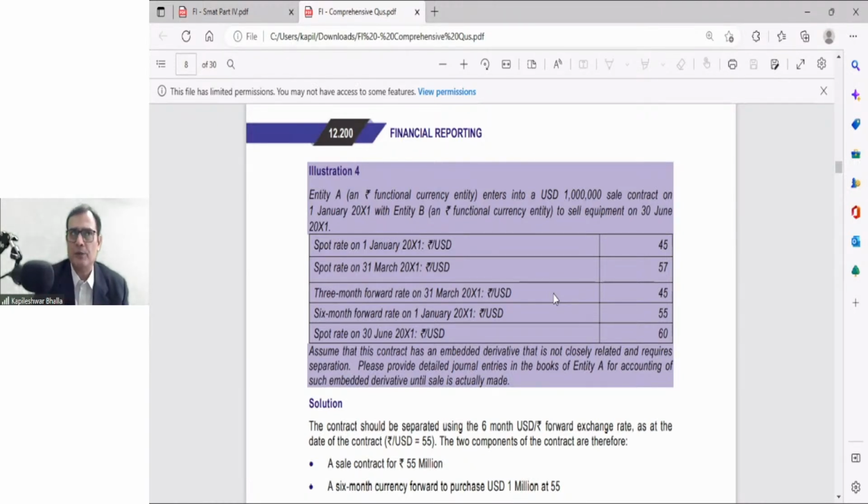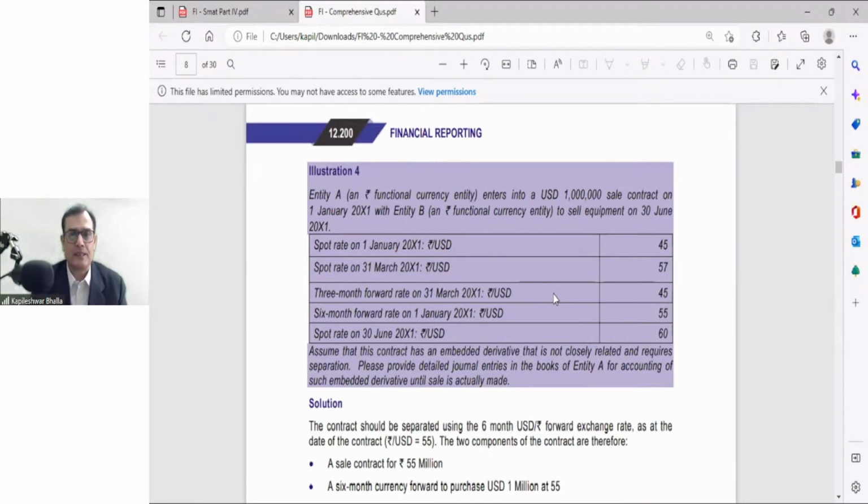Now, let me ask you, if I would have entered into a forward contract, can I say my sale proceeds would have been predetermined at the forward rate at which I would have entered? But I did not enter into any kind of forward contract. So my cash flows are going to vary in this particular case.